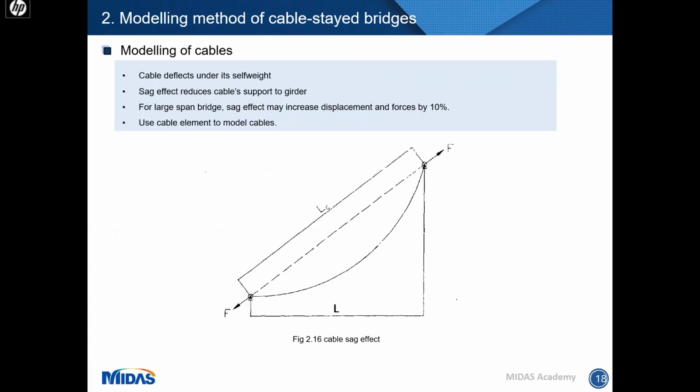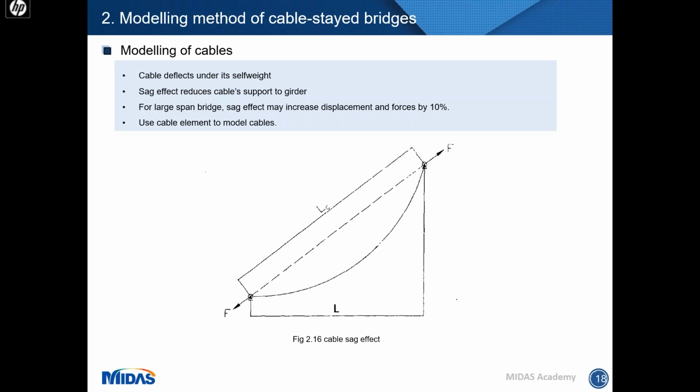For the modeling of cables, we need to understand a bit about the sag effect. We know cables provide support to the girder, and it's related to the angle between cable and the girder. In reality, the cable is not straight because under self weight, it will sag a bit.